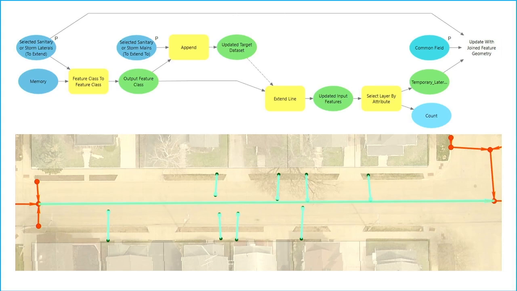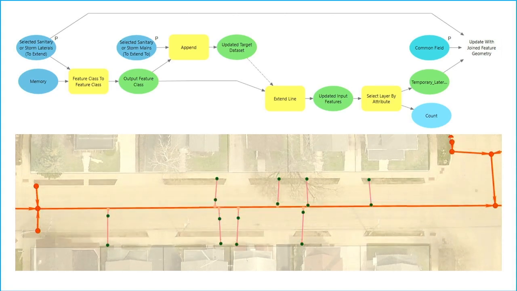Esri has many ways you can do the same thing, but I know ModelBuilder pretty well, so I thought, I can make a model for that, so I did. It basically just turns them into this. It's just an extension of the lines. There will be a vertex at the start and at the other GPS point, but then we've extended it to be snapped to the main, so now they have 3 vertices instead of 2.